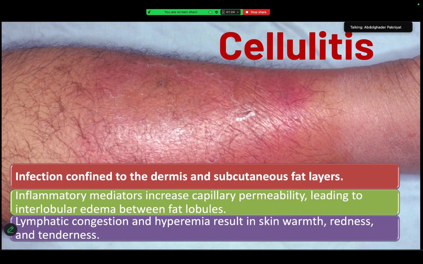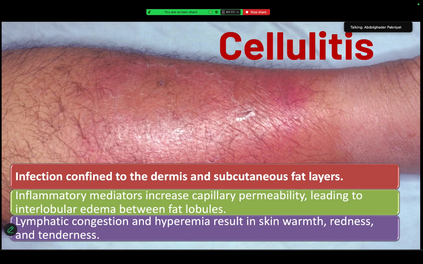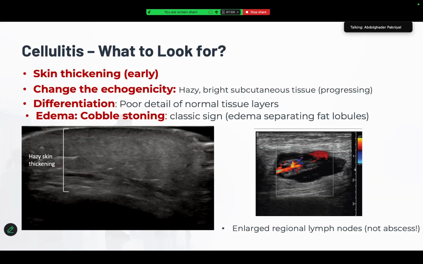These result in skin warmth, tenderness, and pain. Because of these pathologies, with inflammatory markers and increased capillary permeability, we have soft tissue edema that we can find in ultrasound.